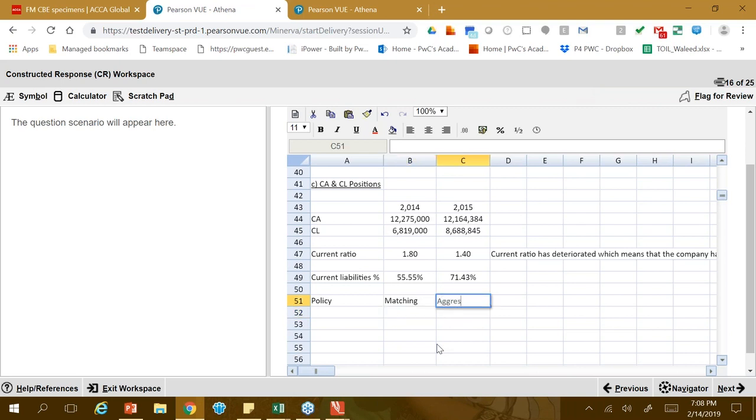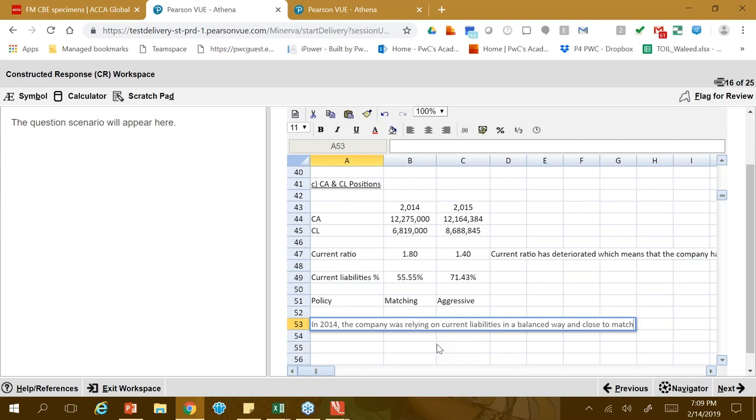This one is obviously aggressive because more reliance is placed on the short-term fundings. So what I can say is that in 2014, the company was relying on current liabilities in a balanced way and close to matching financing policy.